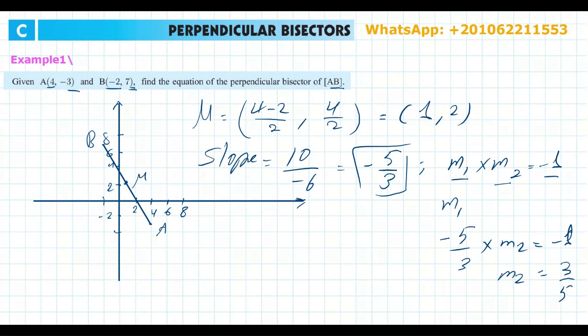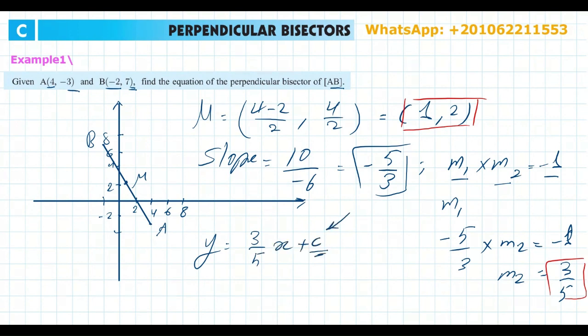Then we have two critical parts, which are the midpoint and the gradient of the perpendicular bisector. Then the equation should be y equals 3 over 5 x plus c. And we need to find the value of the y-intercept. By substituting x by 1 and y by 2, we get 2 equals 3 over 5 plus c.